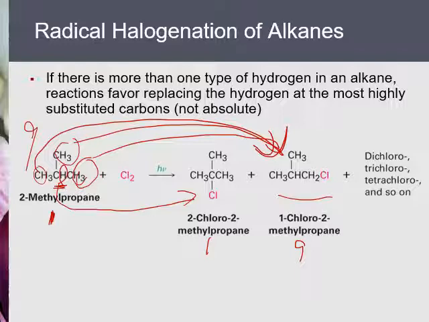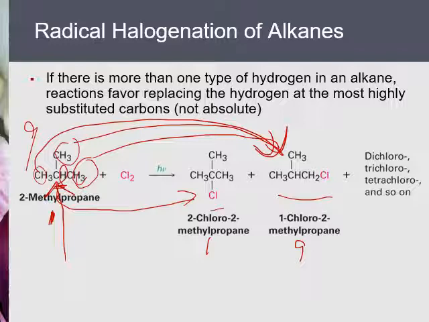But it turns out that the first product is formed by a tertiary carbon. This carbon is a tertiary, and therefore, as we learned in the last slide, tertiary carbon is the most reactive, because it forms the most stable radical and then forms the product, adding the chlorine.